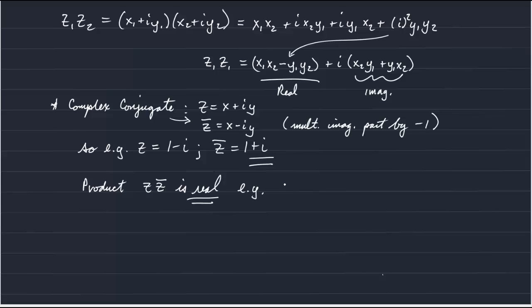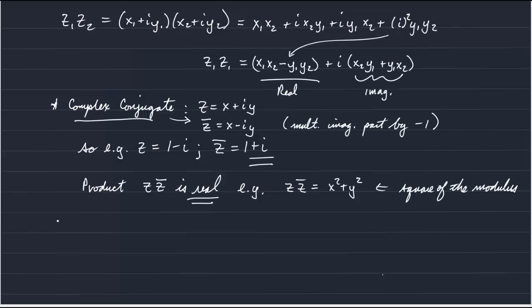So in that case, z times z bar is equal to x squared plus y squared, and that's the square of the modulus. Okay, so we've covered addition, multiplication, and we've looked at the complex conjugate.